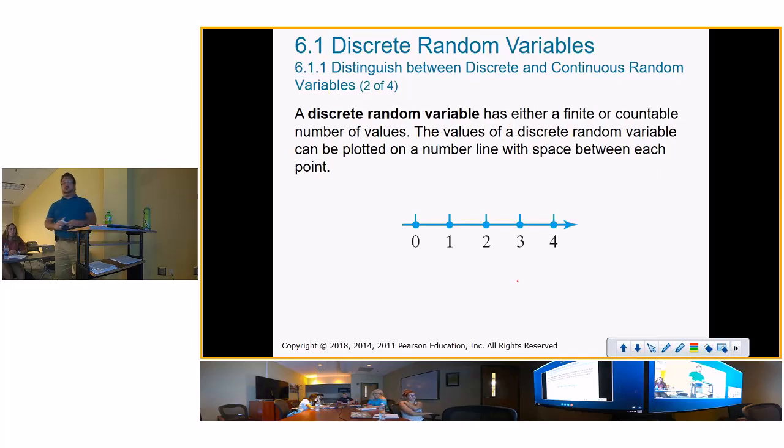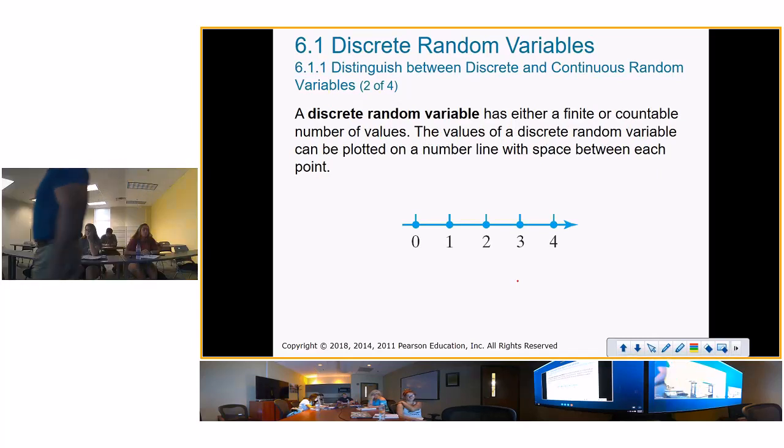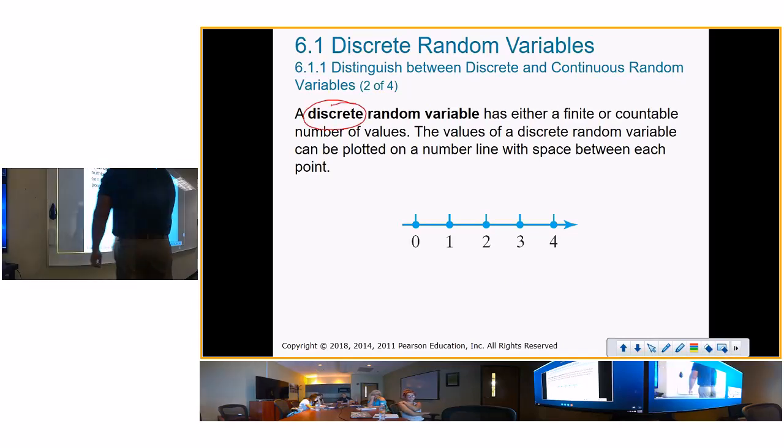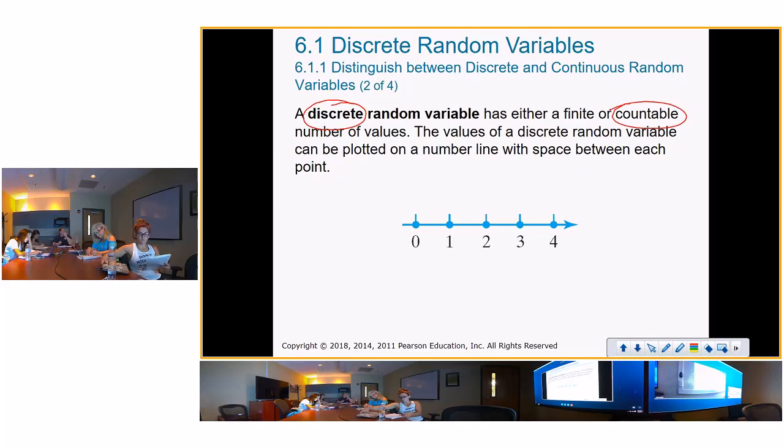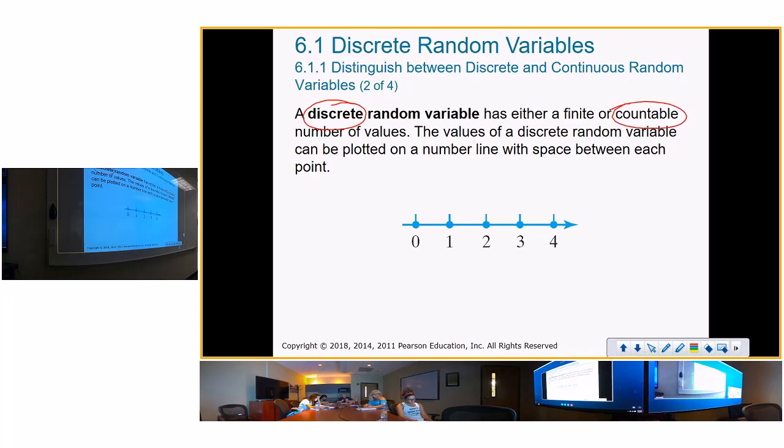Discrete. What did we say discrete was back in Unit 1? Discrete means that you can what? Count. Discrete means you can count.